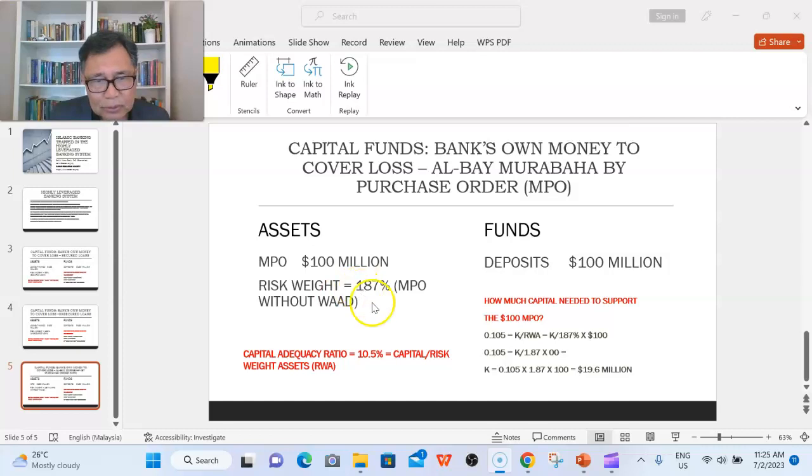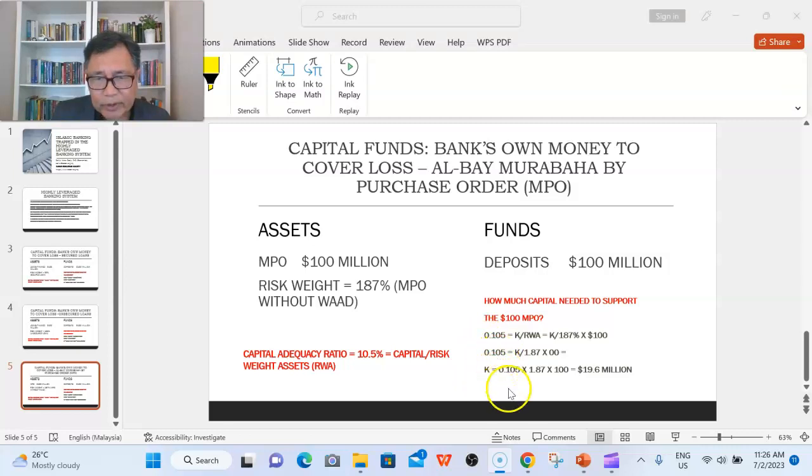So if you were to calculate the capital requirement for this MPO at 187 risk weight percent, based on minimum capital of 10.5%, we can see that the calculation is similar to what we did earlier.